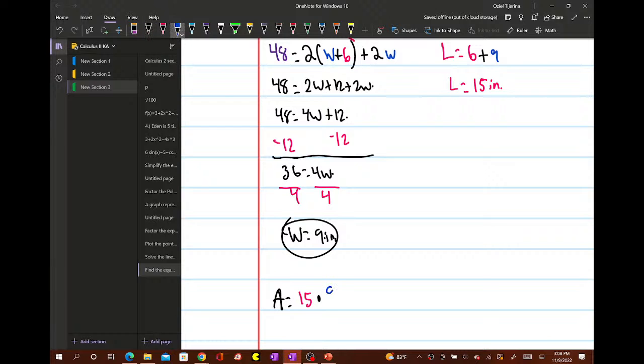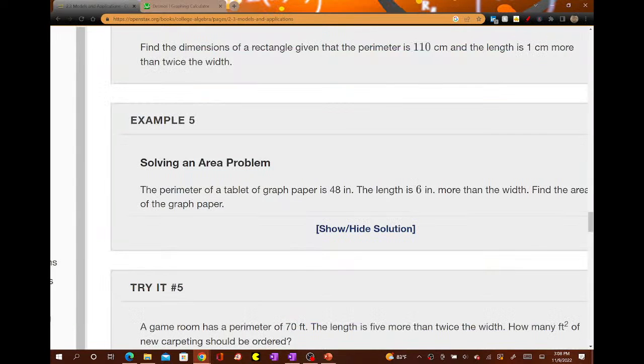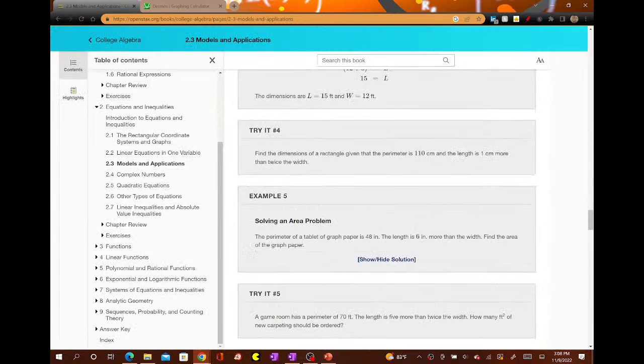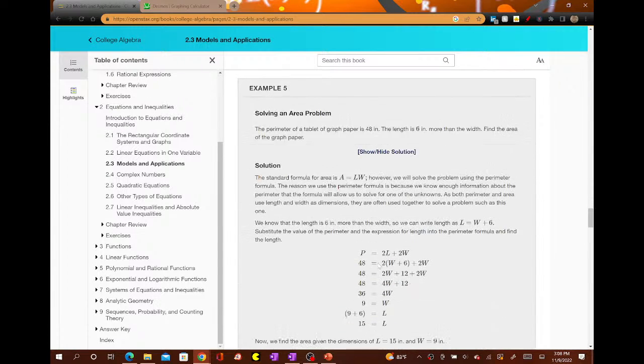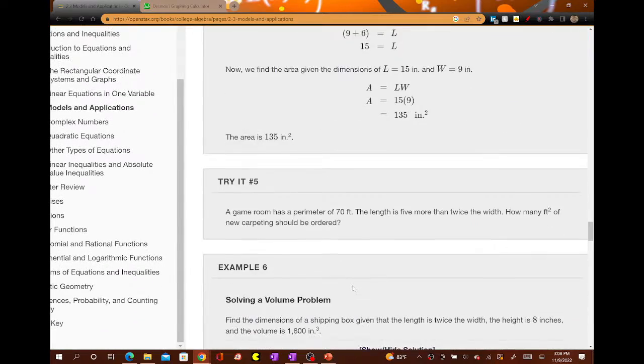And if you calculate that, let's use our calculator. 15 times 9, that's about 135. So the area would be 135 inches squared, right?